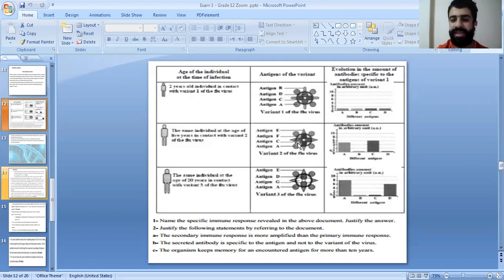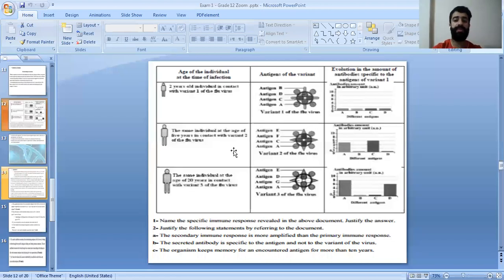Because they encountered the same antigens twice, at the age of 2 years and the age of 5 years. So the amount of antibodies against A and C increased higher than that of B and D. Why? B and D were encountered only once, at the age of 2 years. So the amount of antibodies here increases to about 5, here about 6.